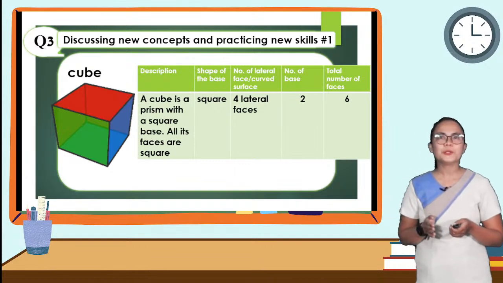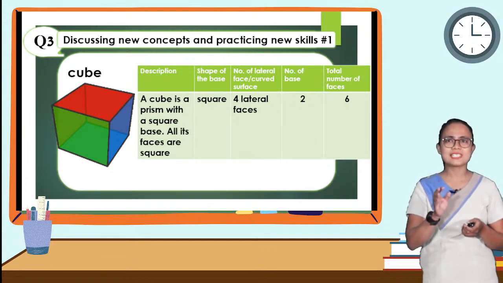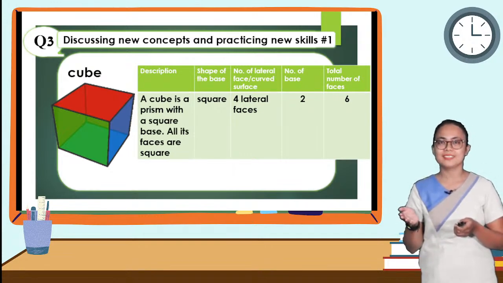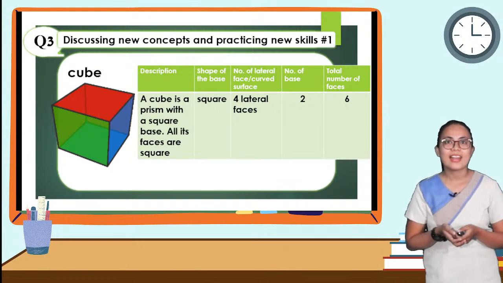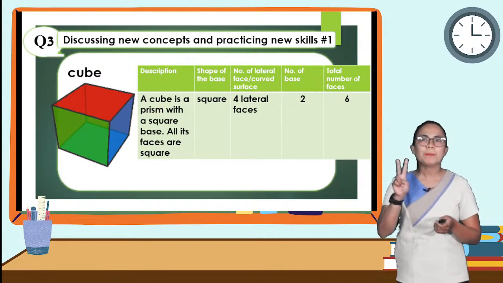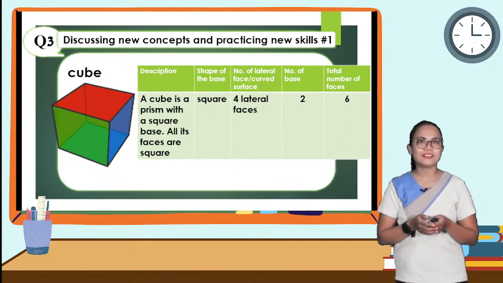A cube is a prism with a square base. All its faces are square. What is the shape of the base of the cube? Yes, a square, and it has 4 lateral faces, 2 bases, the top and the bottom, and a total of 6 faces.